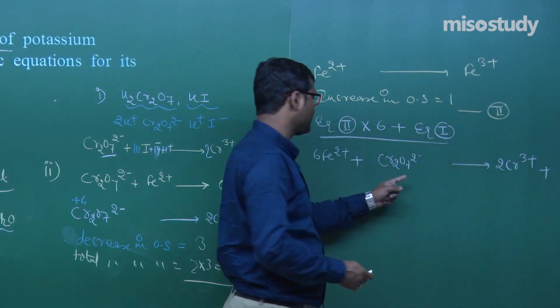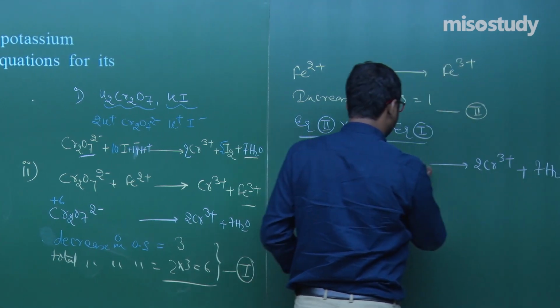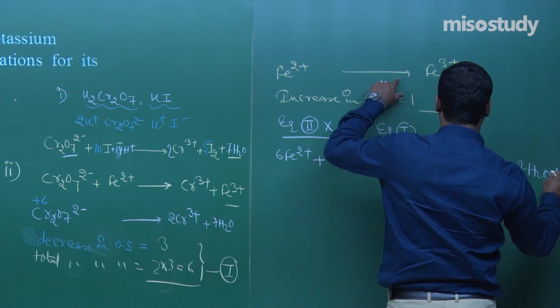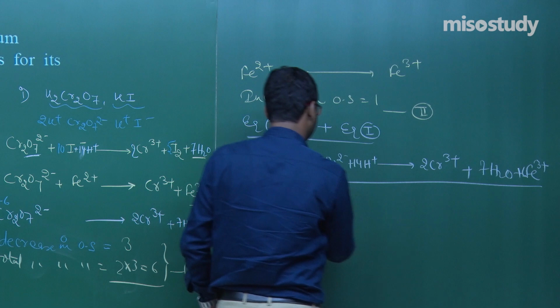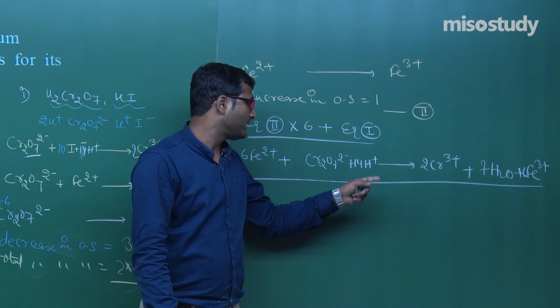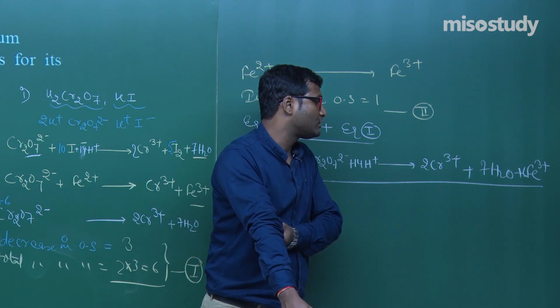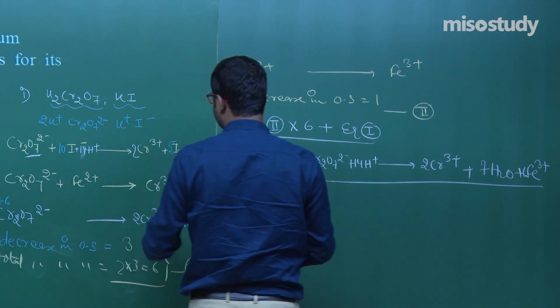Now balance oxygen here, that is 7, put here 7H2O. Now put here, my friend, 14H plus, and here is Fe3 plus also. Now 6 Fe3 plus. This is the complete balanced reaction: 6 Fe2 plus plus Cr2O7 2 minus plus 14H plus gives 2Cr3 plus plus 7H2O plus 6 Fe3 plus. Clear, my friend?